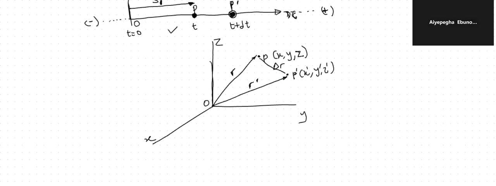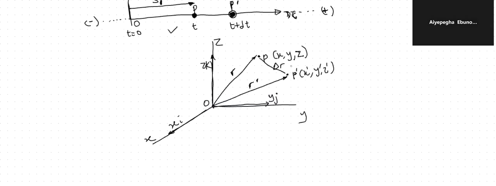Of course, the unit vector along the y coordinate is yj, and the unit vector along the x coordinate is xi. Now, since it is a vector quantity, it has magnitude and direction. And position vector is a function of time.